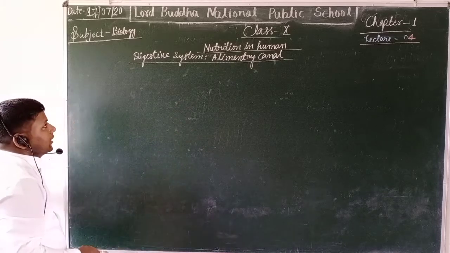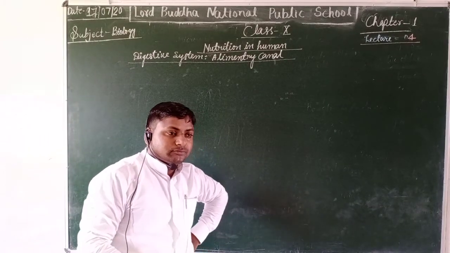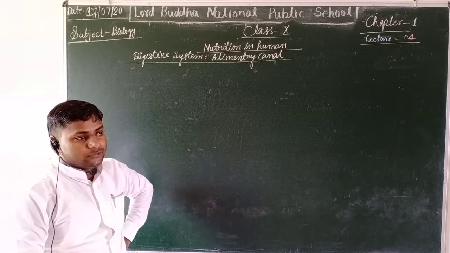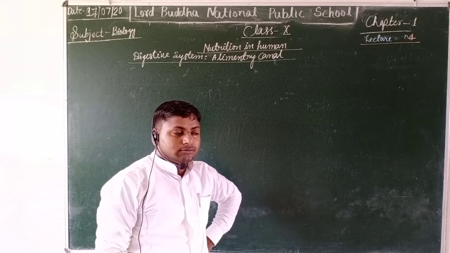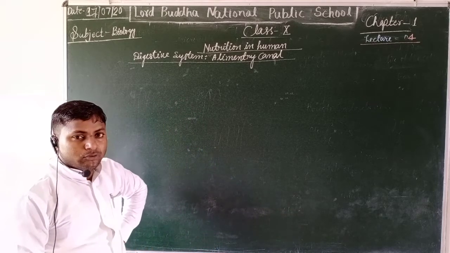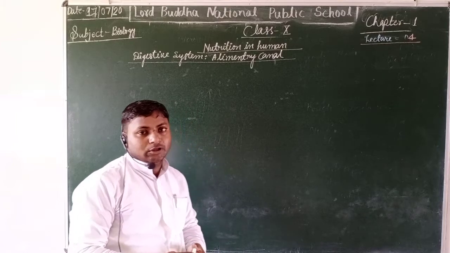The human alimentary canal or digestive system is spread from mouth to anus. It is about 9.5 to 10 meter long tube.